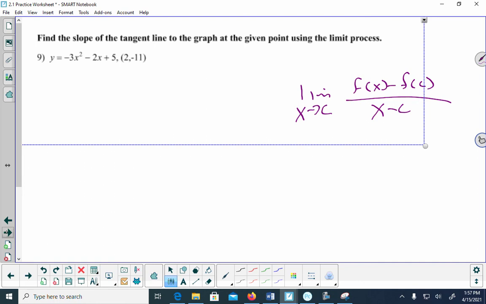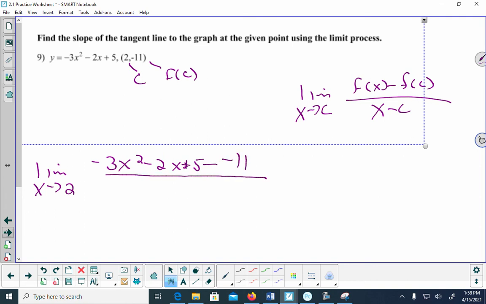So just to remind you, this 2 would be my c, negative 11 would be my f of c. So when I'm using this formula, I'm going to take the limit as x approaches c, which is 2, and then I'm going to write f of x exactly the way it is, no delta x needed, no plus anything, just write that. And then I'm going to subtract f of c, which is negative 11. And I'm going to put this all over x minus 2.